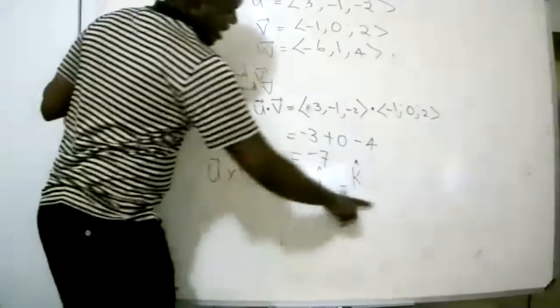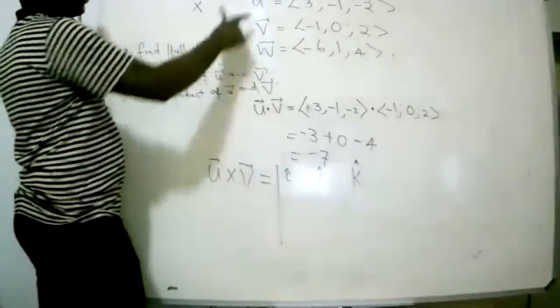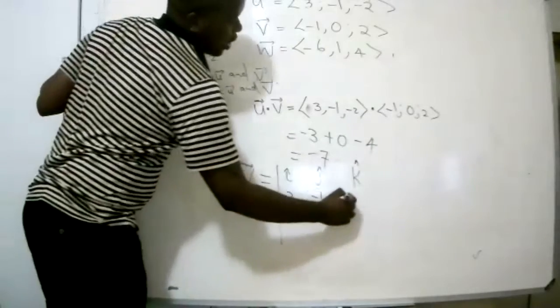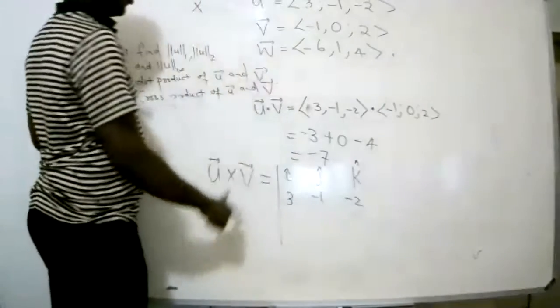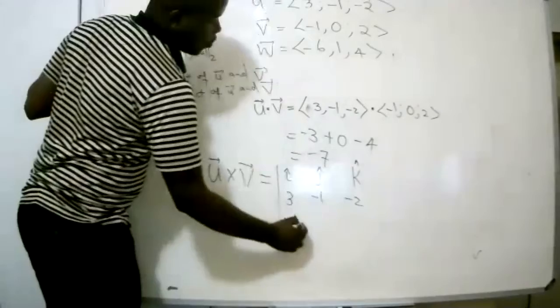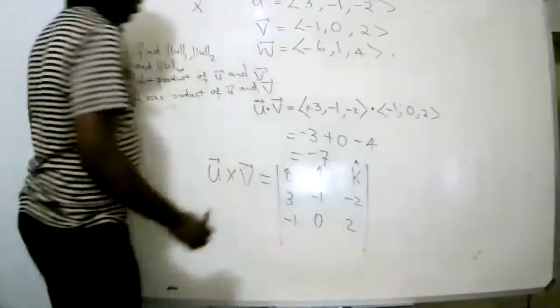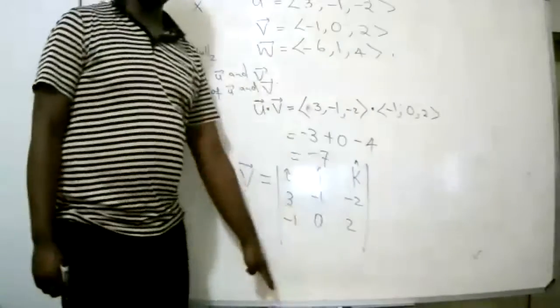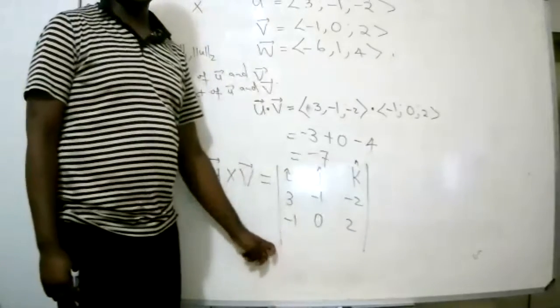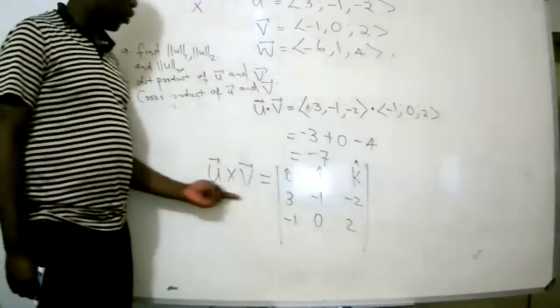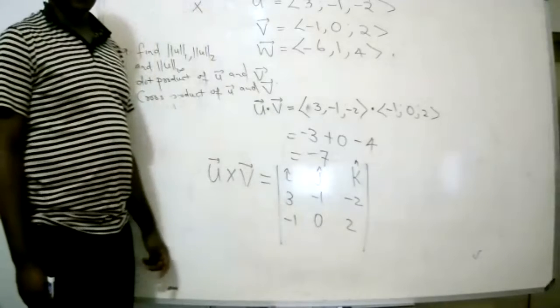And then the second row is U, which is 3, -1 and -2. And then the third row is V, which is -1, 0 and 2. And you can see this is just the determinant. By getting the determinant, we will now have the cross product of U and V.